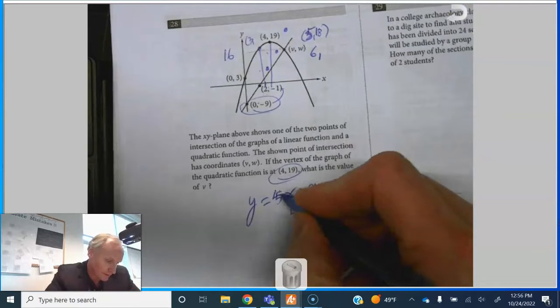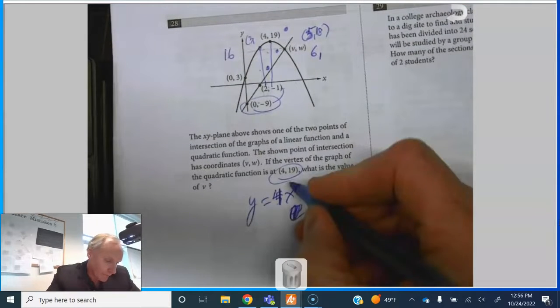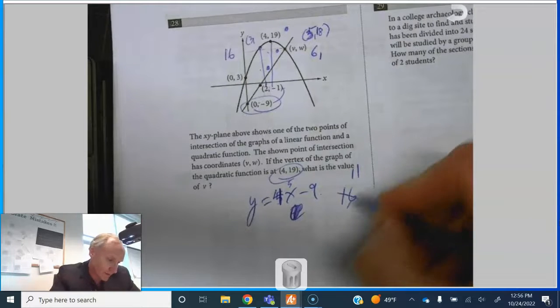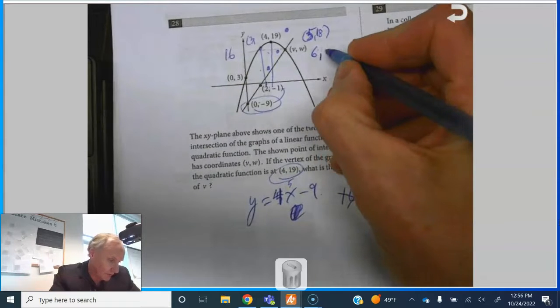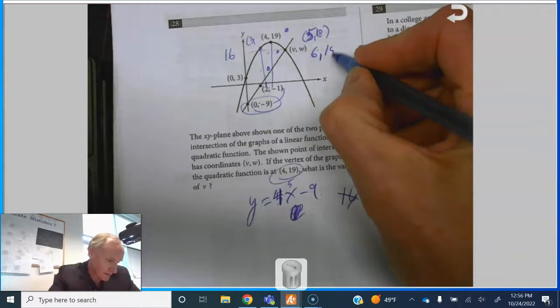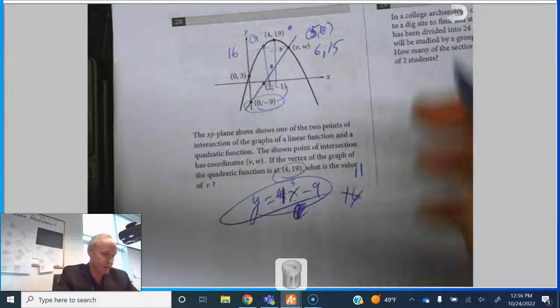Oh, 4x minus 9. I'm being such a spaz. And 5 would go through 11. So it's going to have to be 6, and then it's going to be 4 down. So 6 and 4 down is at 15, and (6, 15) is true. Oh, man, I'm slow today.